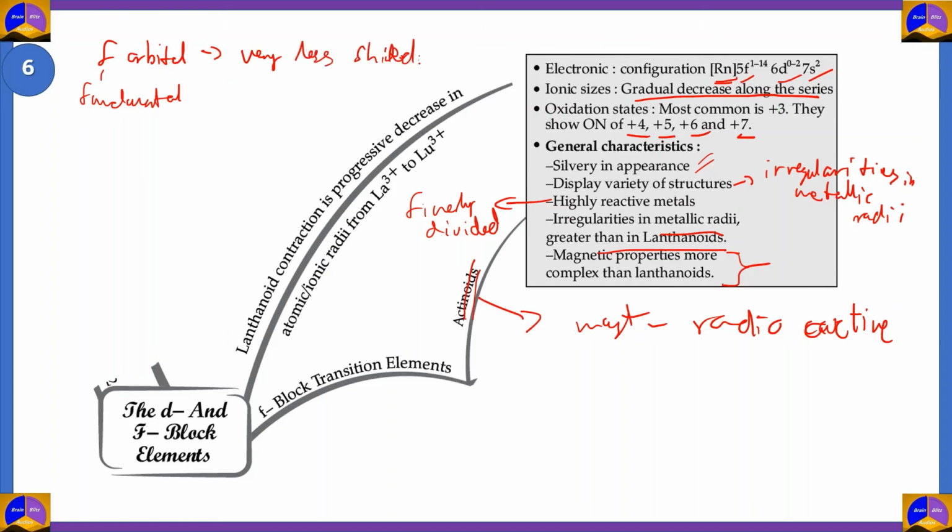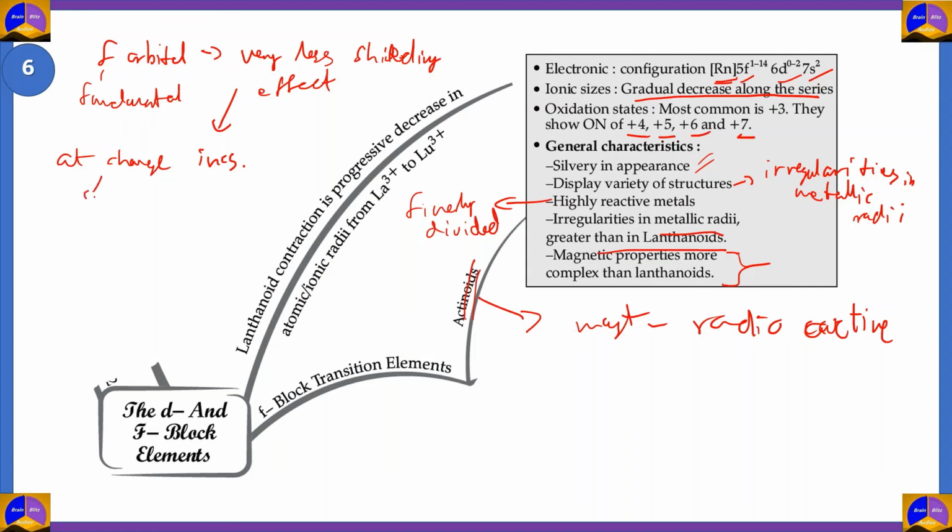So basically, when an electron goes inside, the f orbital is so vast that there is basically little or no shielding effect. So when you go to the next element, it's not just the electron that increases, it's also the proton that increases. So therefore, the atomic charge increases. So the effective nuclear charge increases because of the poor shielding effect.